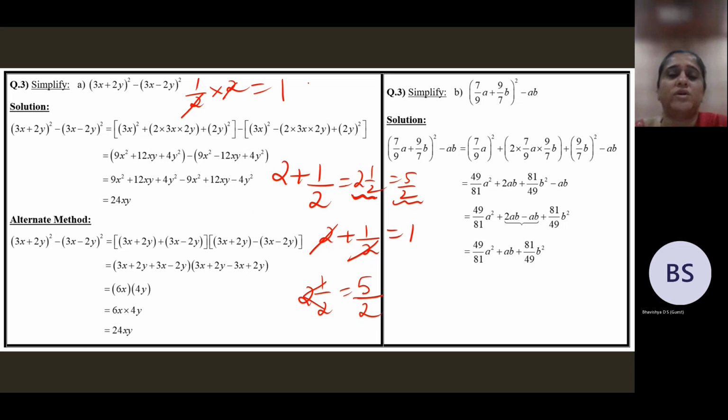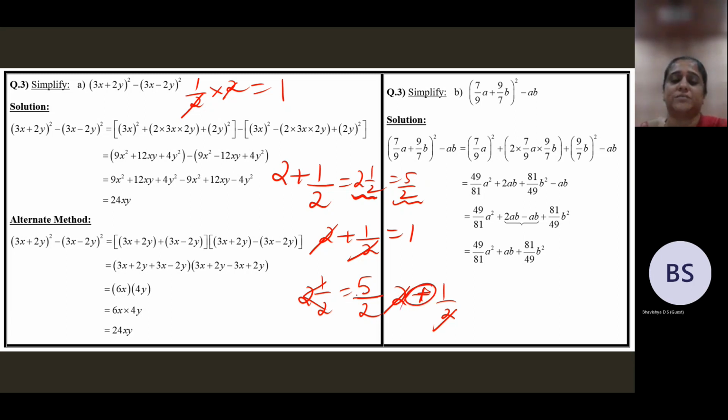So what you should understand is when there is a plus or a minus sign in the middle, you cannot cross that and cancel. Like it's 2 plus 1 by 2. On either side of the plus sign, there is 2 in the numerator and denominator. That cannot be cancelled because you're going past the plus sign.